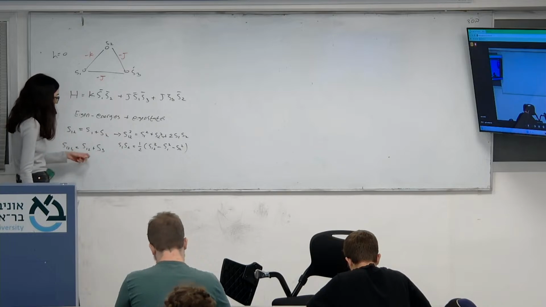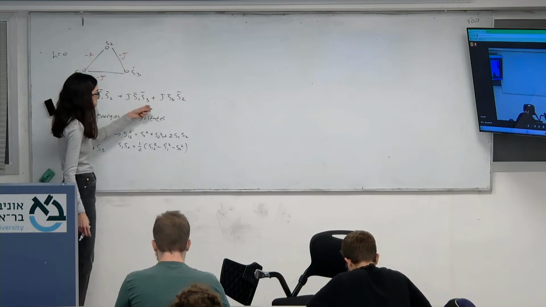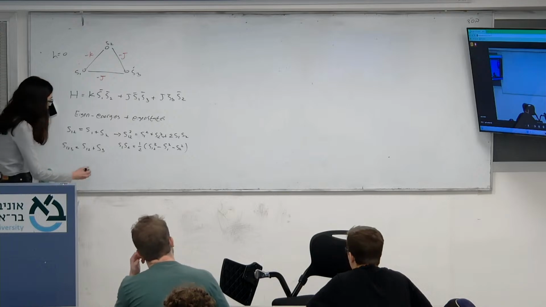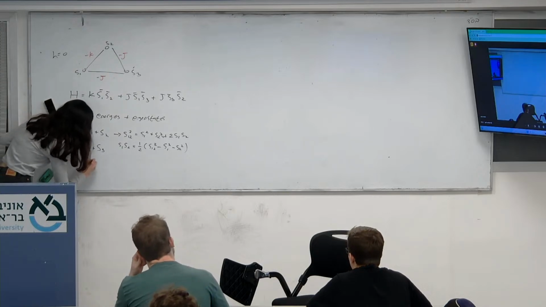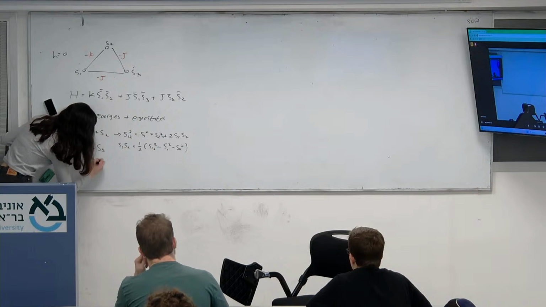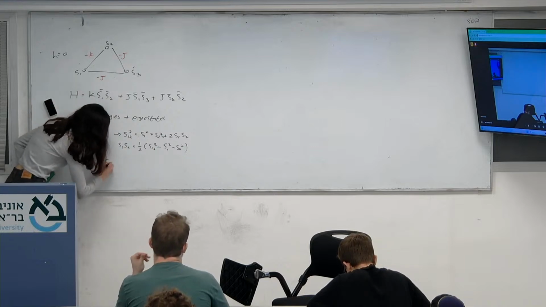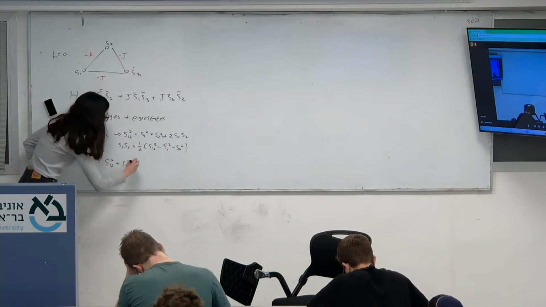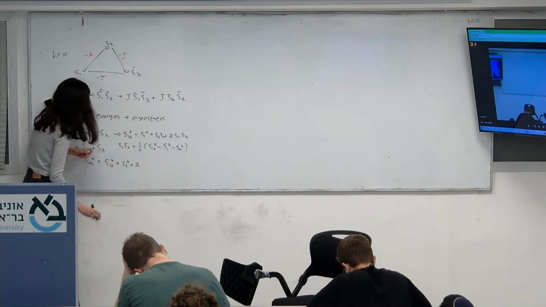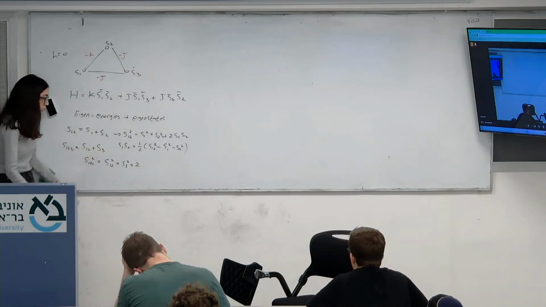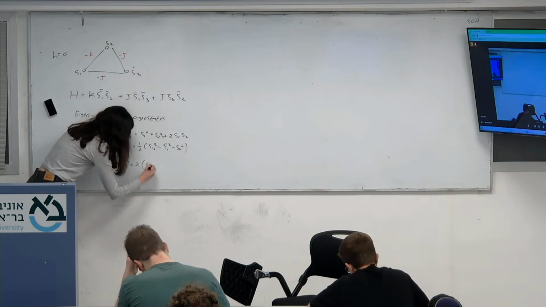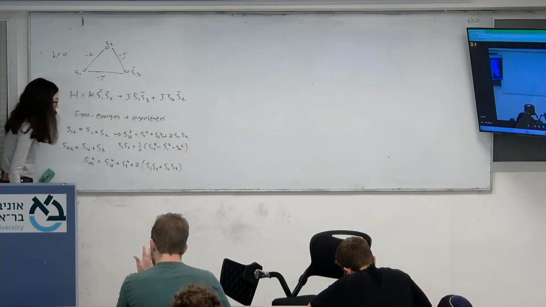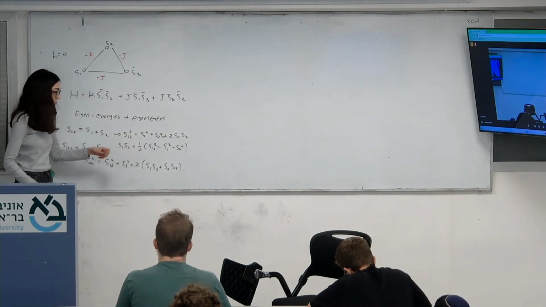In the same way, I can rewrite S13 plus S23 with the second operator that we defined. S123 square is equal to S12 square plus S3 square plus 2 S3 multiplied by S12, so this is S1·S3 plus S2·S3. And then we can do the same as we did here.